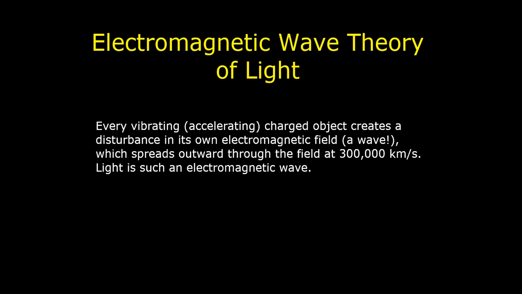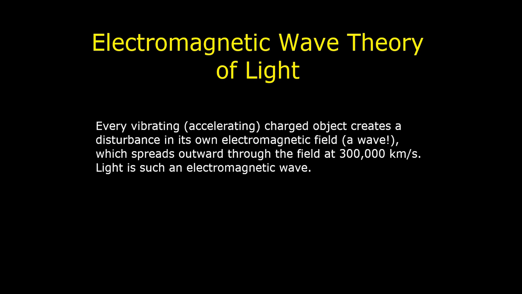Every vibrating or accelerating charged object creates a disturbance in its own electromagnetic field. That's a wave, right? A disturbance of a medium is a wave. This wave spreads outward through the field at 300,000 kilometers per second. Light is such an electromagnetic wave.